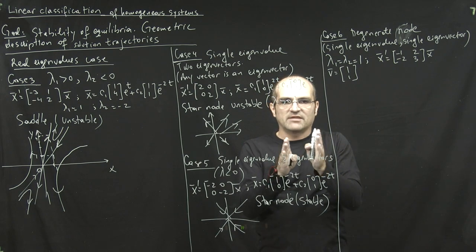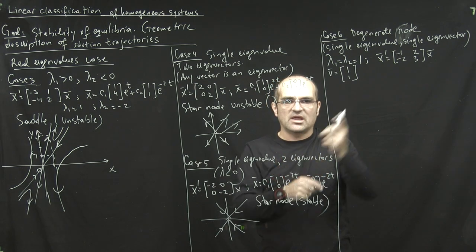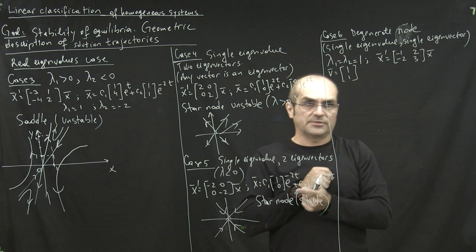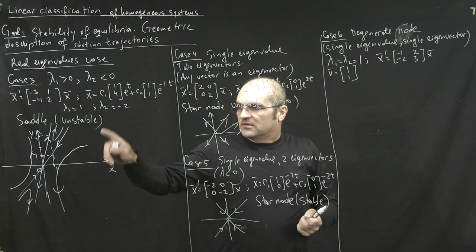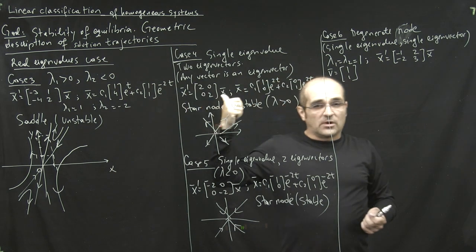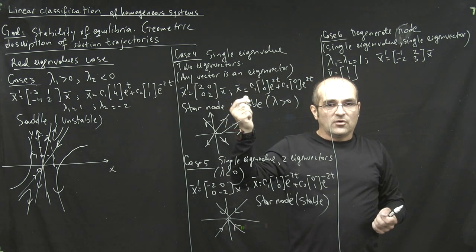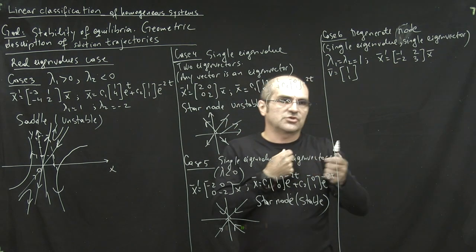So imagine the two eigenvectors collapse into one, so you have just one straight line solution. Pretty much like the nodes you saw before, attracting node, repelling node, but only with one straight line solution.